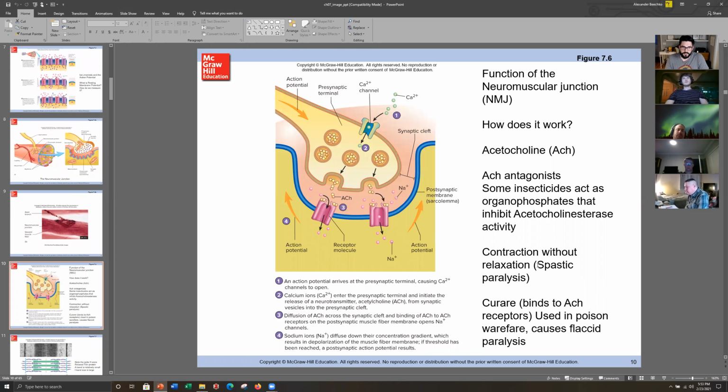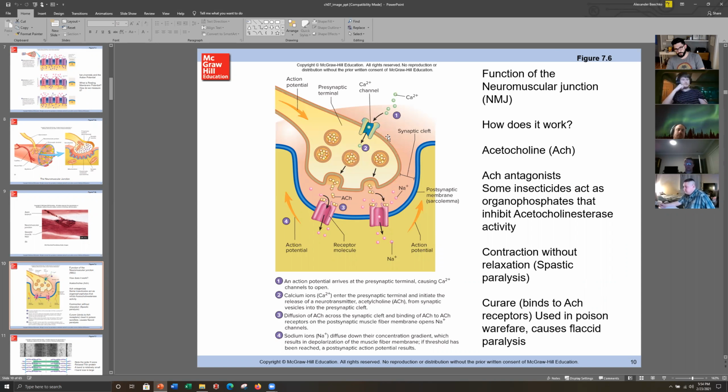All right. So now let's talk about how muscles operate. Okay, so this figure gives us a lot of information kind of all at once here. But what it's telling us is that we've got our nerve that sends an electrical signal in the form of an action potential, and it reaches that presynaptic terminal. Those presynaptic terminals will first respond to the action potential by opening up calcium channels.